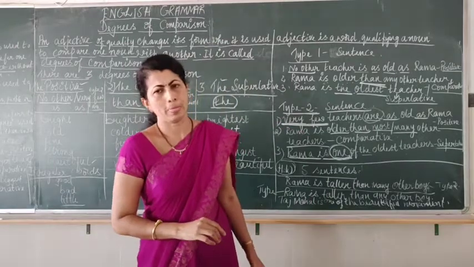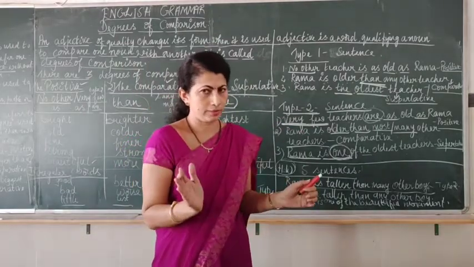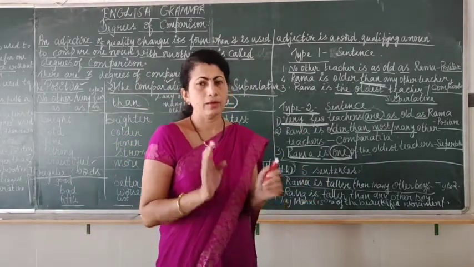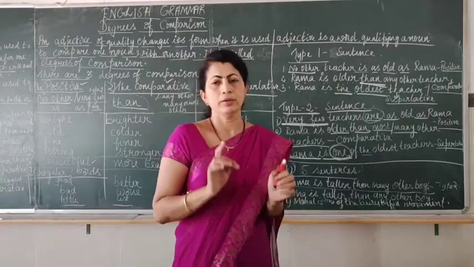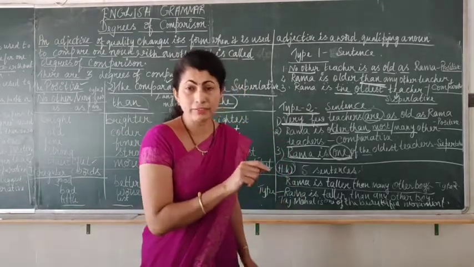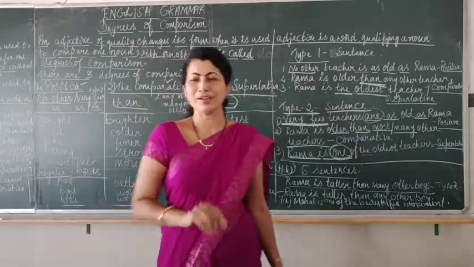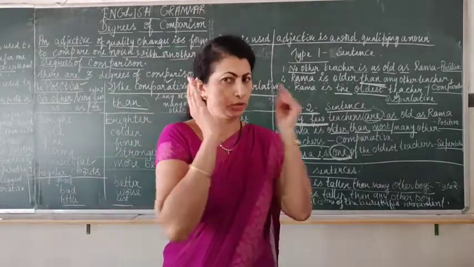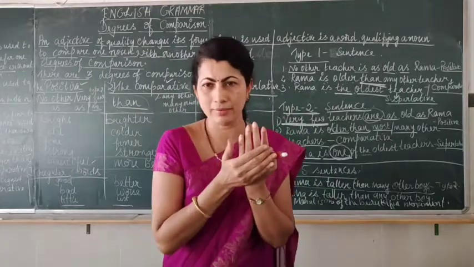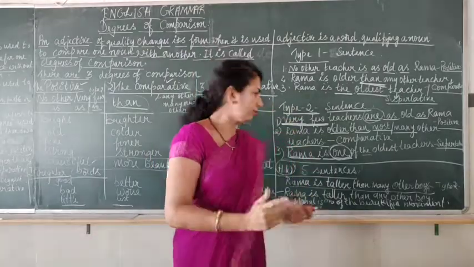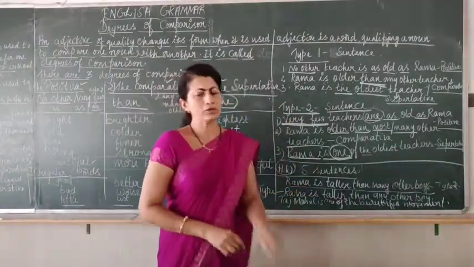It's very simple. I hope you got the idea. Now you are in a position to identify the degrees and to change. Remember the bodyguards, whatever has been given, so that you can change that into different degrees of comparison.